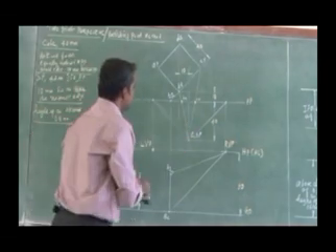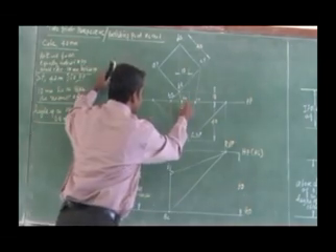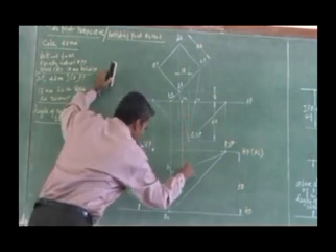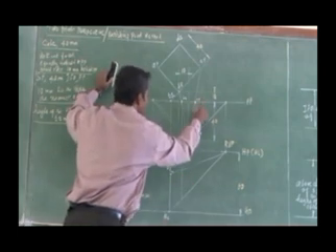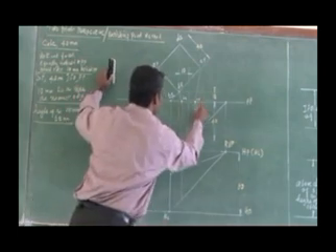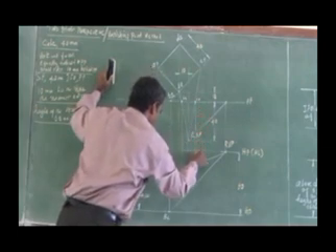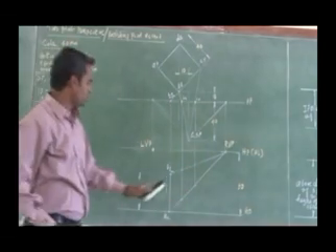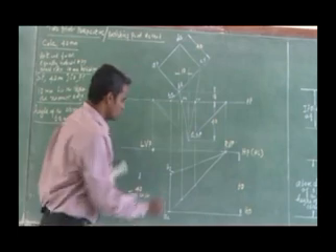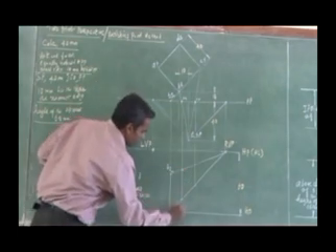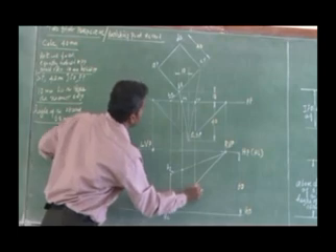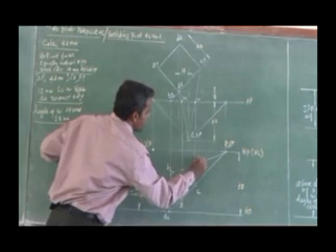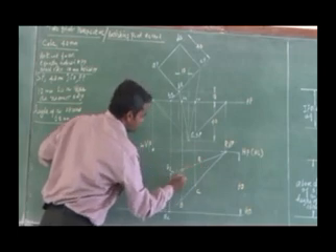So just project this to the corresponding vanishing line. So I have got the perspective view of this face BQCR. This is going to be my B, this is my C, this is R, this is Q.